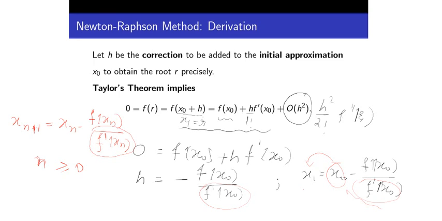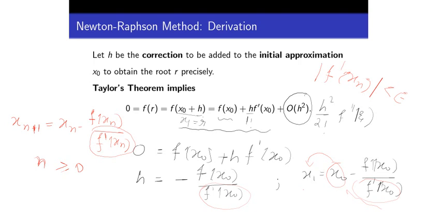When you write the program, you have to break the loop whenever mod of f dash of x n is less than epsilon, where you can decide epsilon as 10 to the power minus 4 or 10 to the power minus 3 and so on. That is very important here.